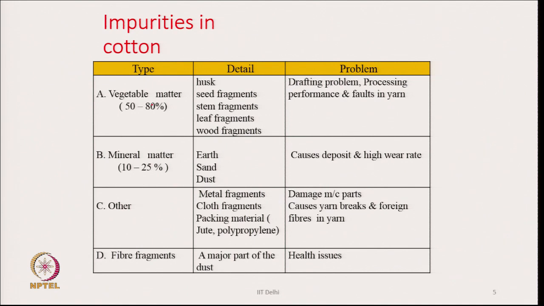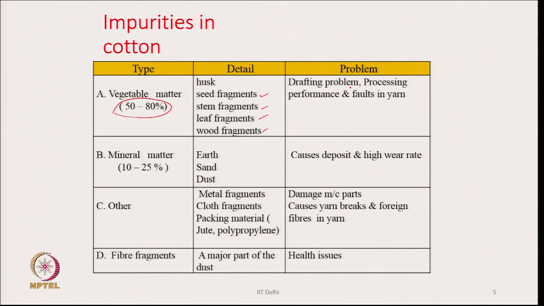Now, within vegetable matters, what are there? Husk, seed fragments, stem fragments, leaf fragments, and wood fragments, and this constitutes 50 to 80%, a very large quantity is actually vegetable matter. And what problem can we face if they are still left in cotton?